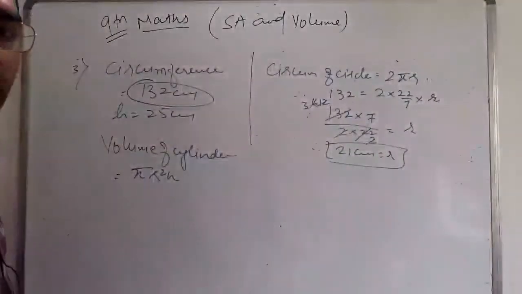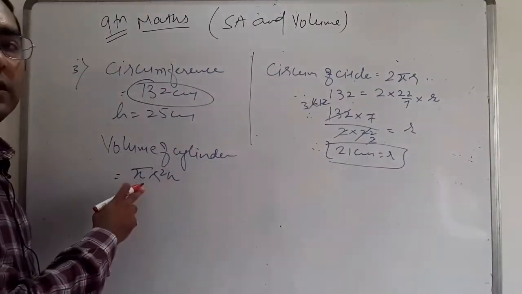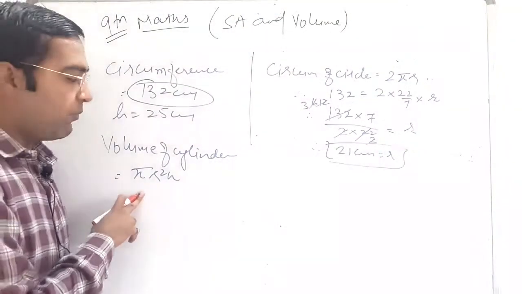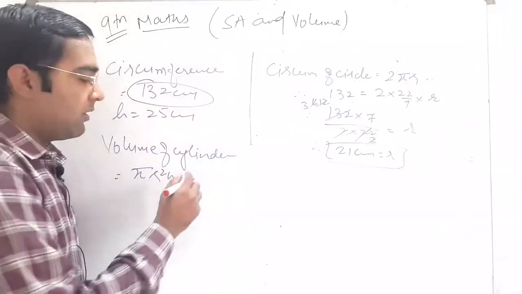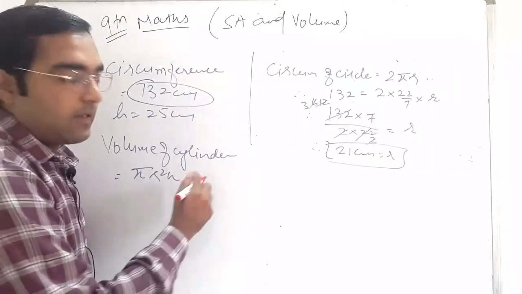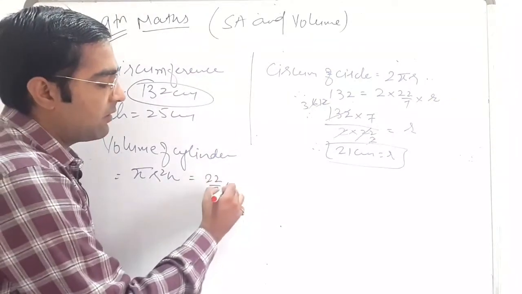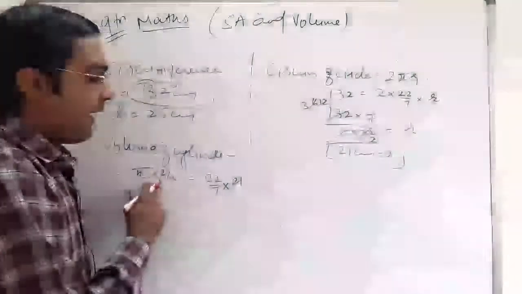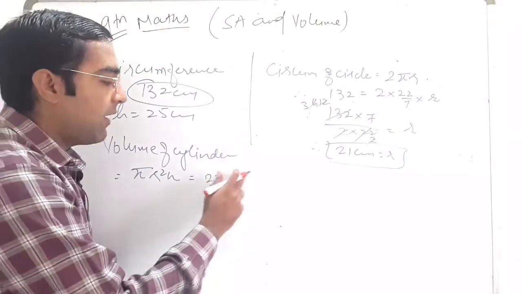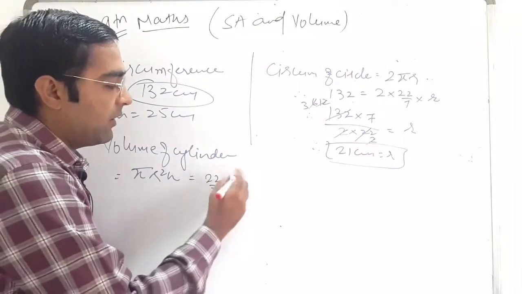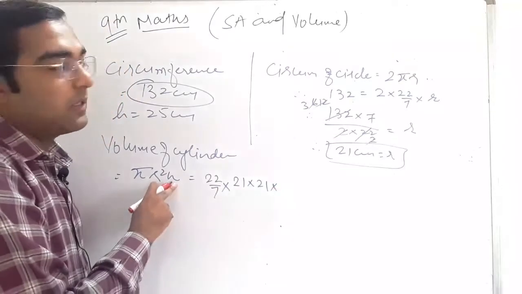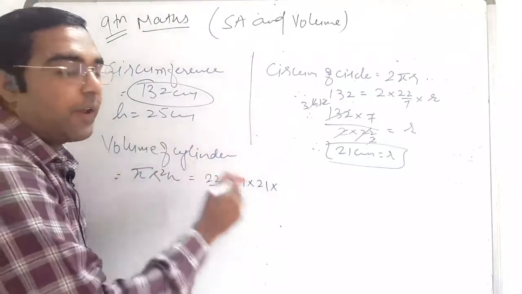Now I'll take this radius and put the value of the radius in this question. So pi is 22 by 7 and the radius is 21. Here it is r square, that's why we have to take 21 into 21, into the height of the cylinder, which is given as 25.